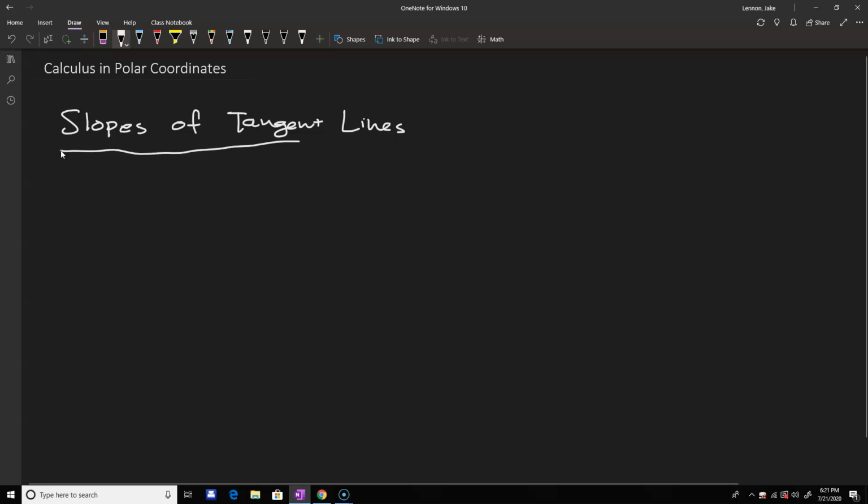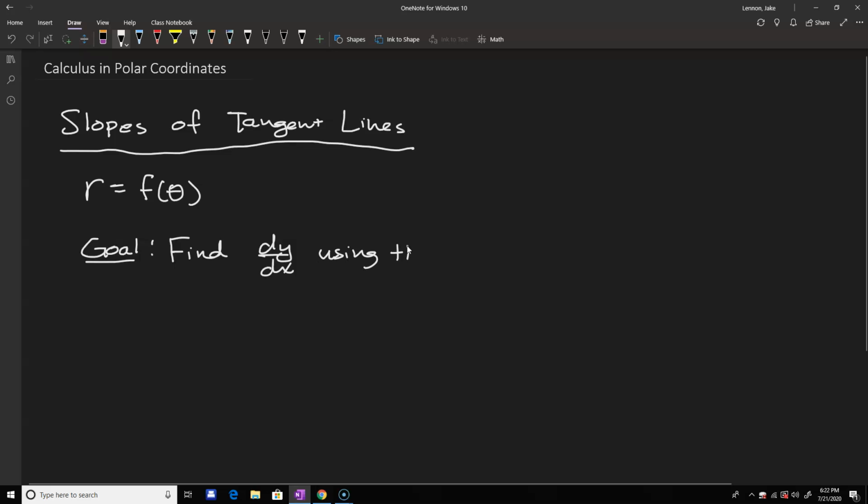So the problem here is typically our functions we're going to write as r is some function of theta. That's how we write our curves. And it might be tempting to think, oh, okay, so the goal is to find dy dx using these coordinate variables.